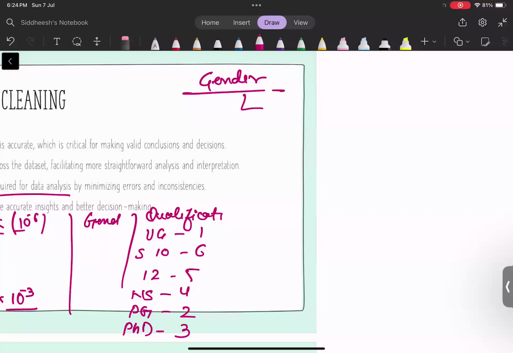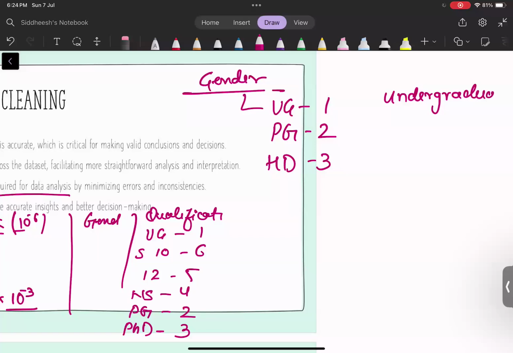In SPSS also we code the data, and a label option comes up for the labeling. He put undergraduate as 1, PG as 2, and higher degree as 3. But in his data, some of his friends wrote the full form, undergraduate. So he labeled that also as 1. But for SPSS, we still have 4 different types of variables.